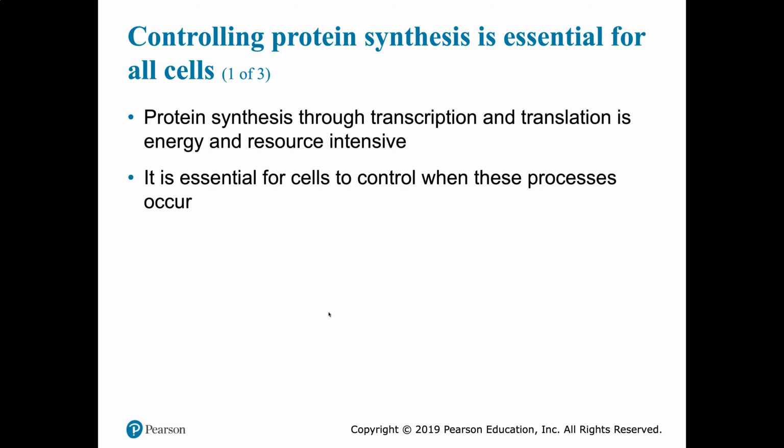So what about protein synthesis do we need to think about in terms of rate of reaction? We know proteins are essential. We know we make them through transcription and translation.